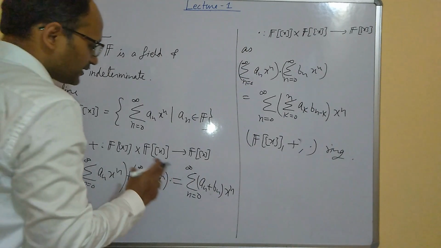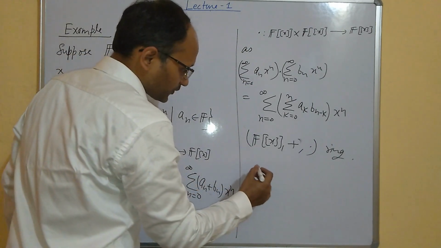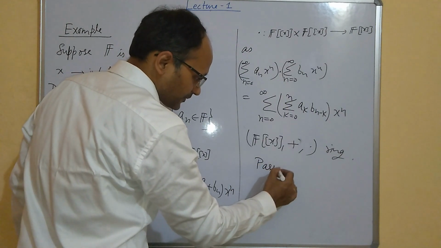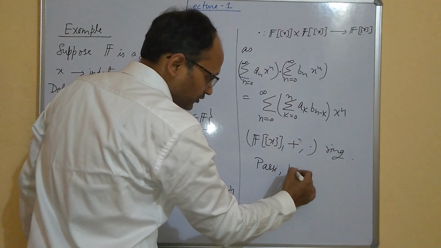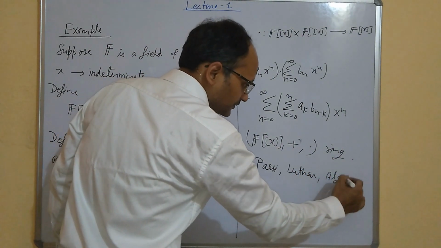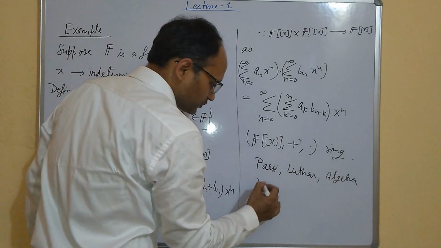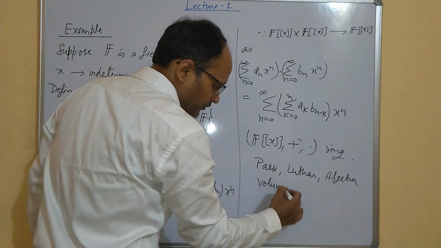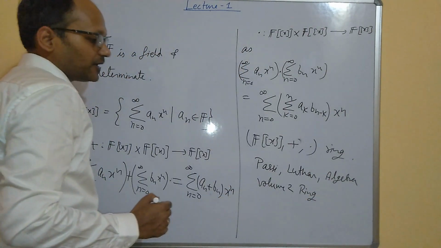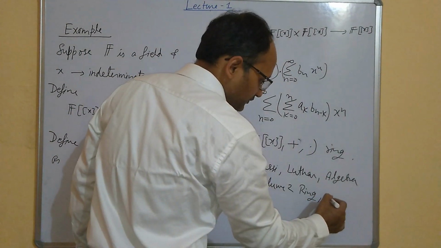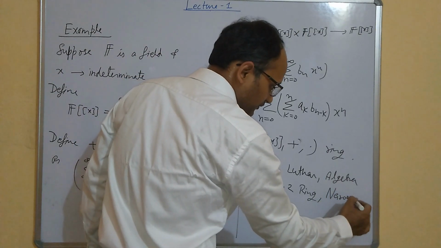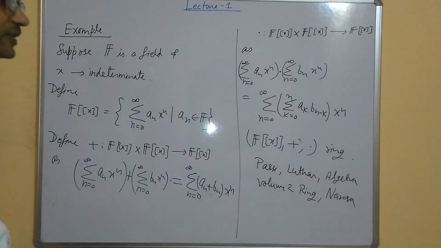If you want to see it in detail, then you may see the book by Passi and Luther, Algebra, Volume 2, Rings, published by Narosa.